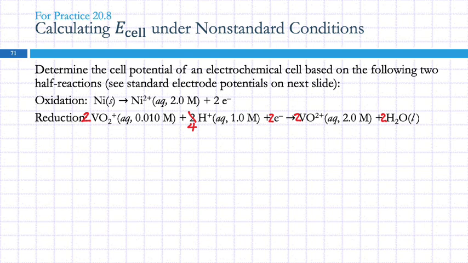Why wouldn't we break down the reduction reaction even more, like the hydrogens and the water? That's a good question. Why wouldn't we break this down any more? If you do break it down and try to separate out the hydrogens and oxygens, when you go to balance the VO2 plus and the VO2 plus, you're going to end up putting them all back in.